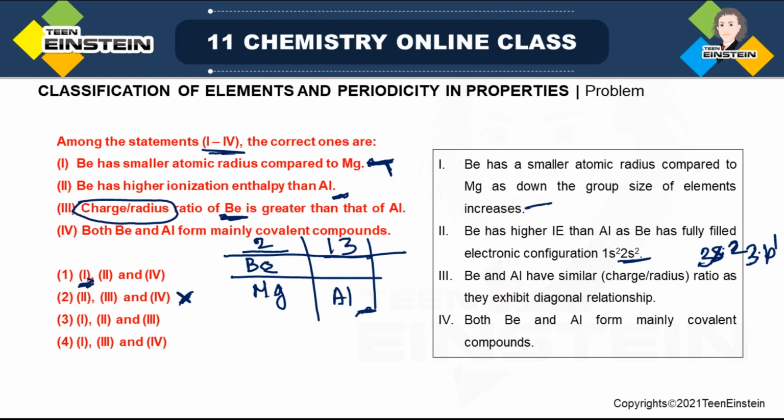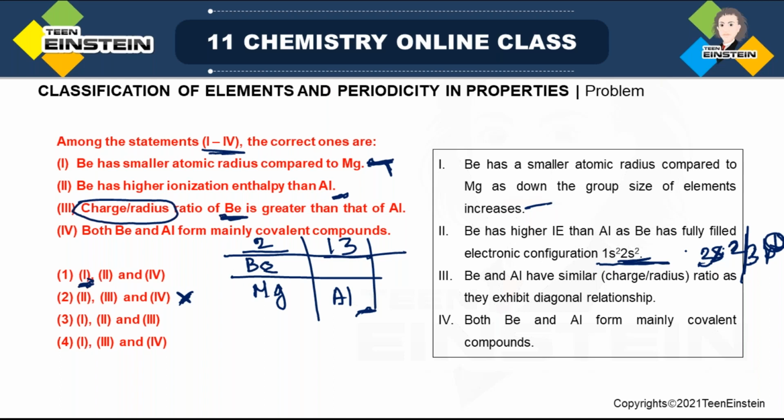Now removal of this 3p electron is a very easy process, because when you are removing this, it is reaching the stable fulfilled configuration of 3s2. But when you consider Be, it has a configuration which is also already fulfilled. Now to break this fully filled 2s orbital, it requires energy. So that is why it has higher ionization enthalpy.